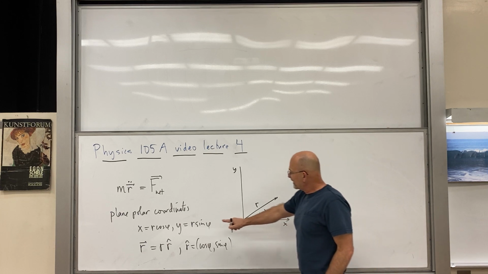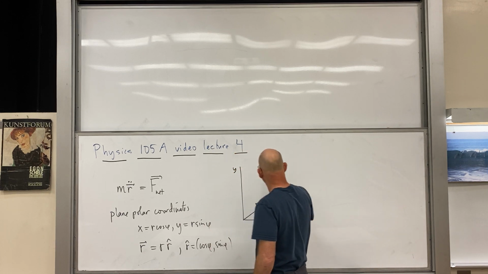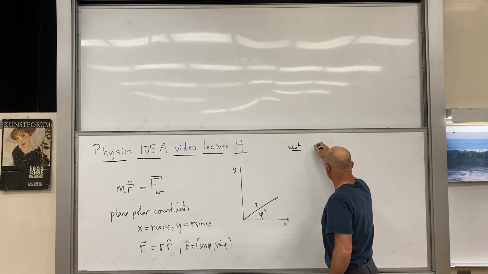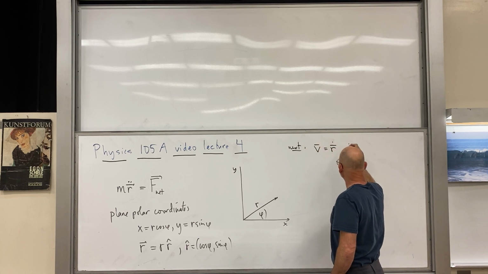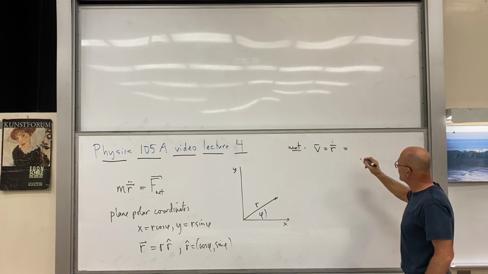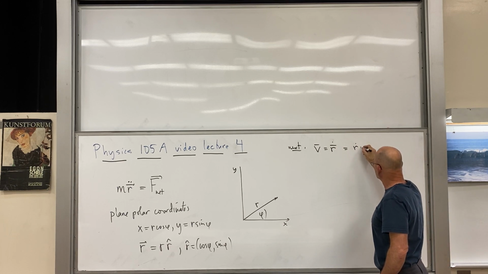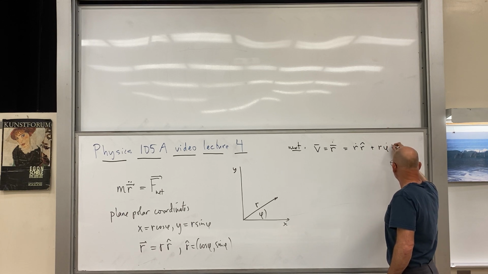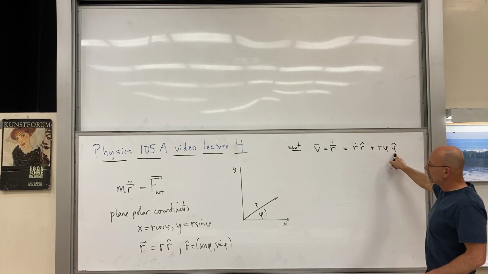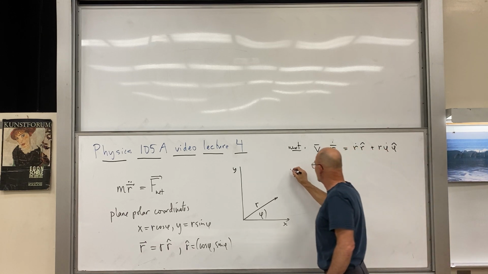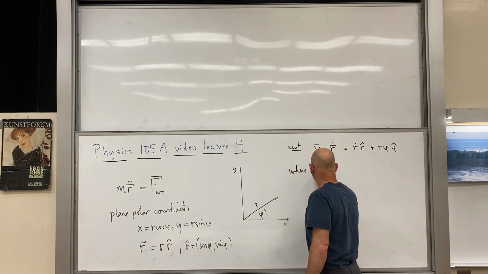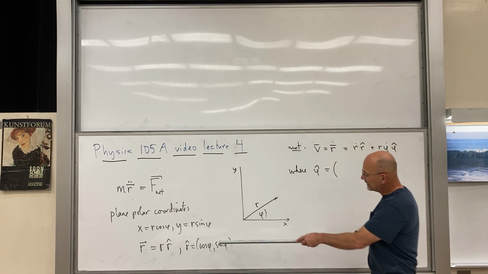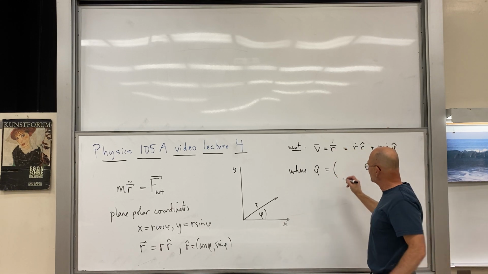So then we went ahead and found the velocity. We said the velocity, which was r dot, turned into r dot r hat plus r phi dot phi hat. And this unit vector phi hat was equal to minus sine of phi, cosine of phi.